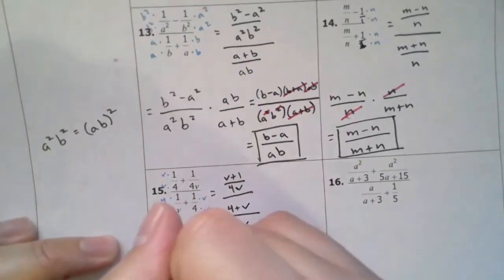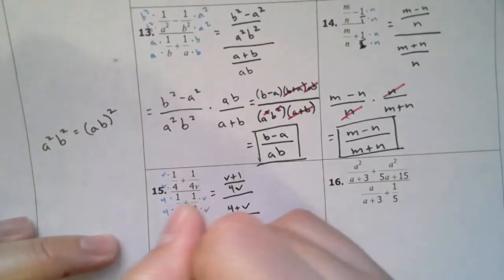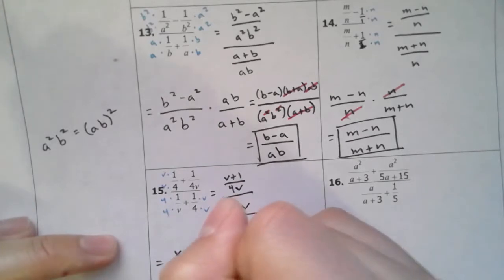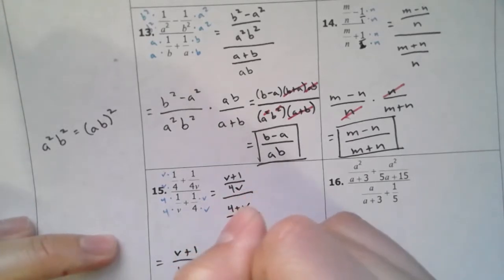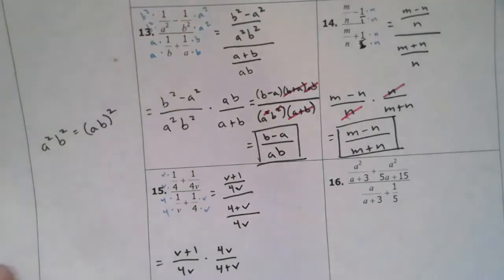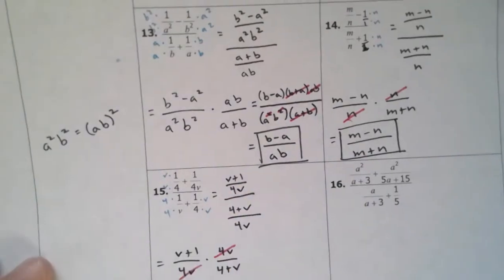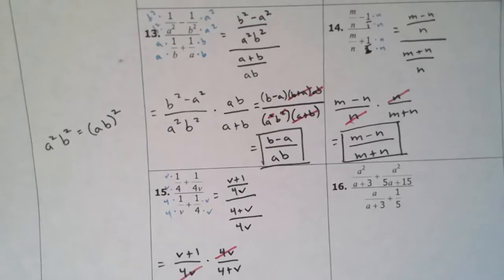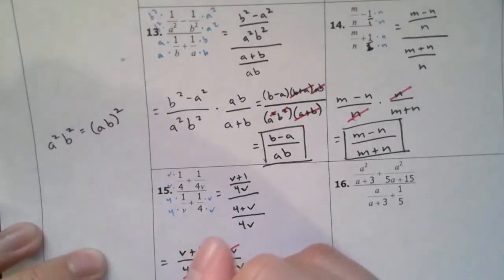So v plus 1 over 4v times 4v over 4 plus v. The 4v's there would cancel, and I think, yeah, that's it. There's nothing I can do. So v plus 1 over 4 plus v.